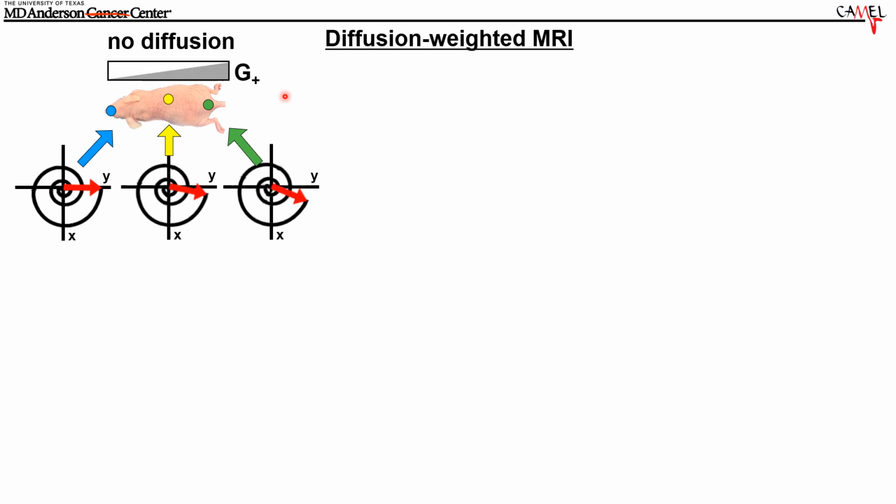Well, if I were to apply a gradient along the mouse, there is hardly any magnetic field here at the tip of the nose. And so this magnetization didn't experience any extra magnetic field, so it stayed where it was originally. Well, there was a little bit of a magnetic field at this part of the mouse.